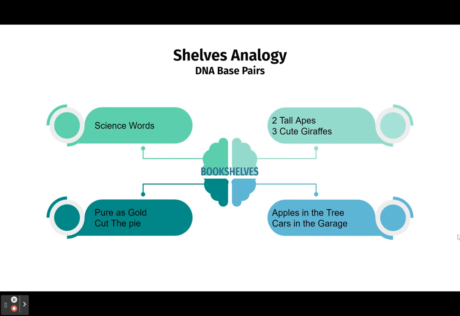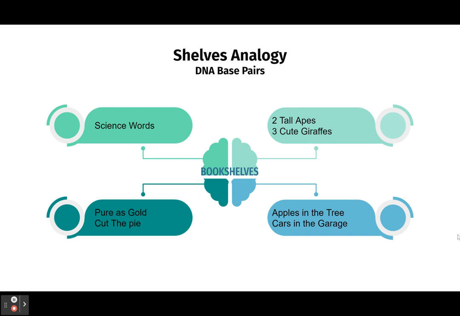That's why they're pure. And cytosine and thymine are pyrimidines. That's why we say cut the pie, pyrimidines, C and T, cytosine and thymine. So that helps them to link those base pairs to pyrimidines and purines.